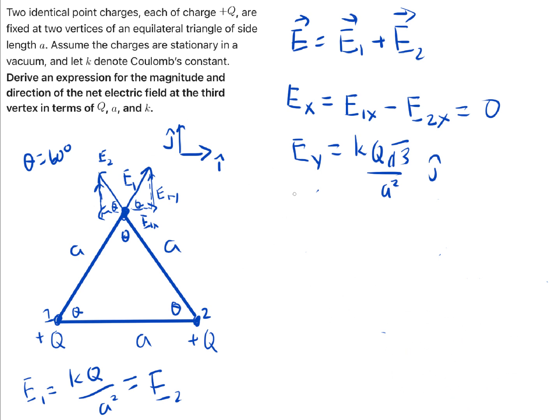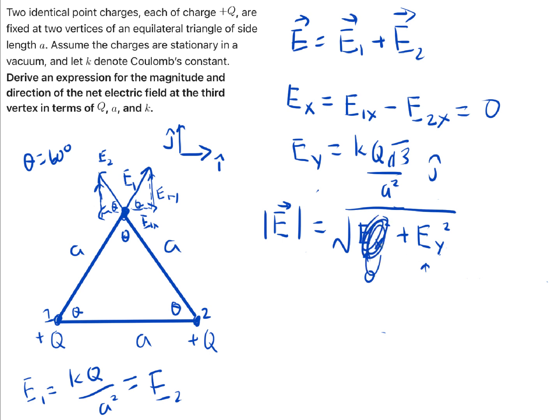From that, we can figure out that the magnitude of the net electric field is the square root of Ex squared plus Ey squared. This is just the Pythagorean theorem. Ex is 0, so this just becomes the square root of Ey squared, which is just Ey.